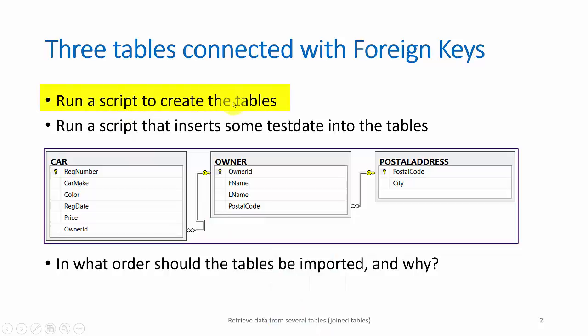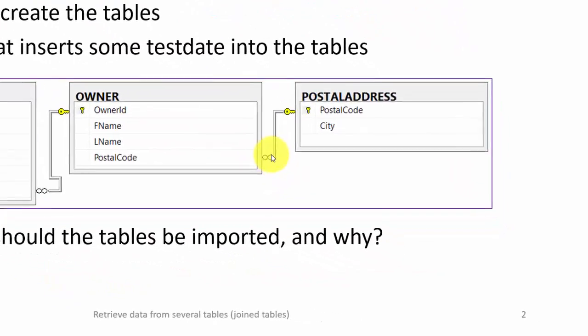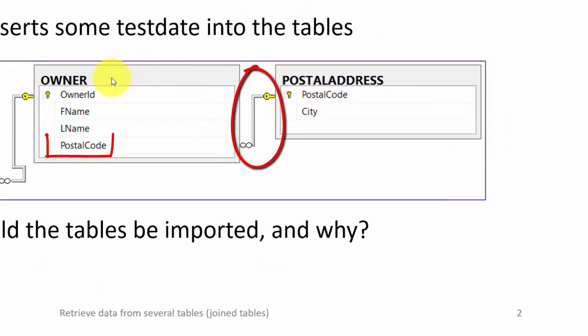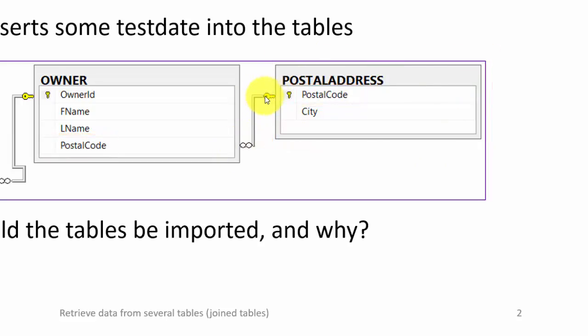We will run a script to create the tables, and we will also run some scripts to insert some test data into the tables. In what order should the tables be imported and why? Well, we have a foreign key that in this owner table case references postal code in postal address, and that means that if this table doesn't exist when we try to reference it, then the database management system will report an error.